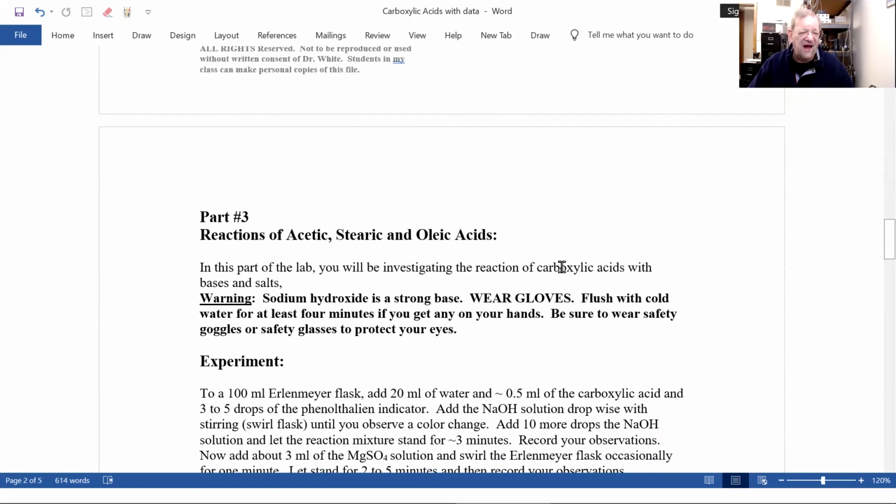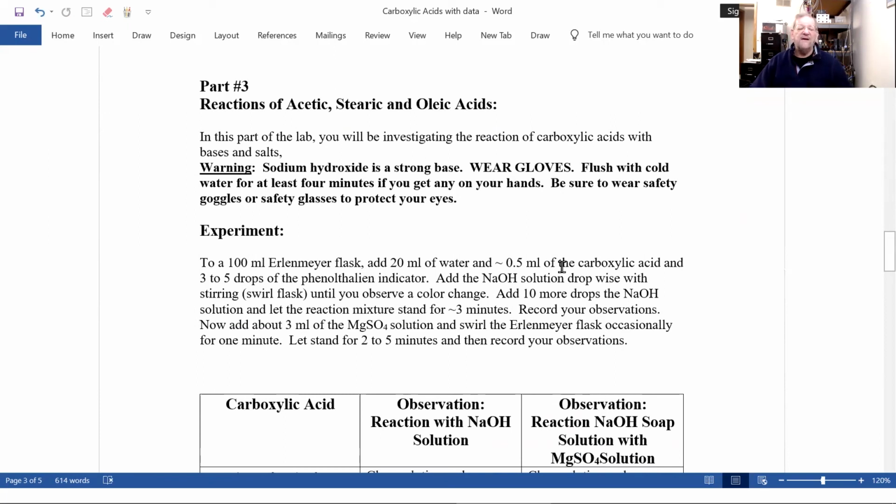Now, the last part deals with mainly, I should have taken the stearic out of here, just acetic and oleic acid. And it's a reaction with a strong base, sodium hydroxide.